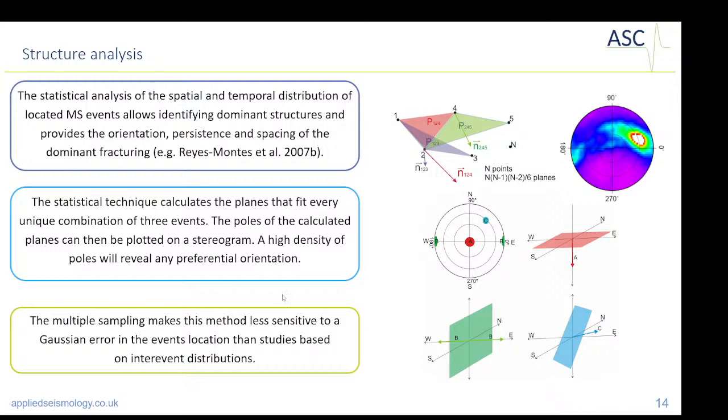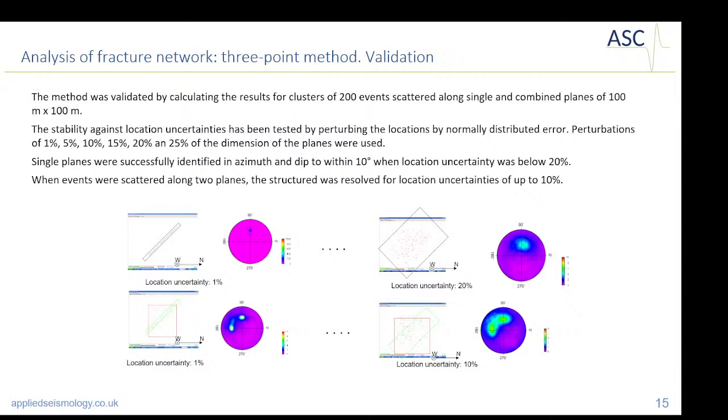And because it's a statistical analysis and there's an oversampling of our events, this method is much less sensitive to any error in our location. We carry out a sensitivity analysis: what will be the impact of our location error in identifying the structure of our fractures?